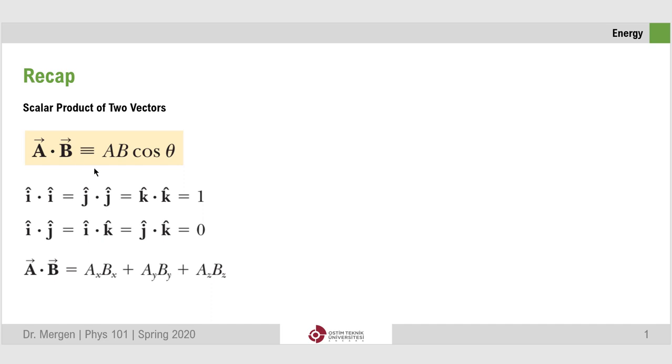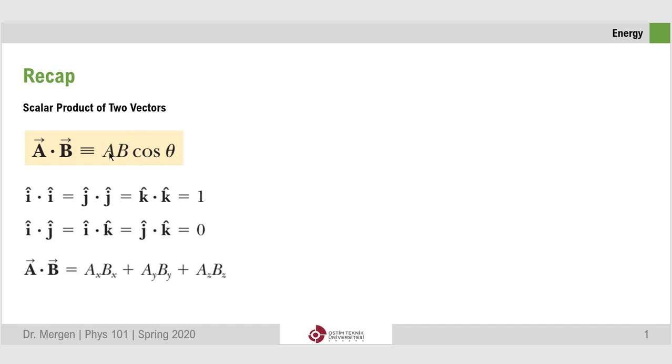Hello everyone. Last week we covered how the scalar product operation is carried out between vectors, and we defined the scalar product as the modulus of vector A times the modulus of vector B times the cosine of the angle between those two vectors.